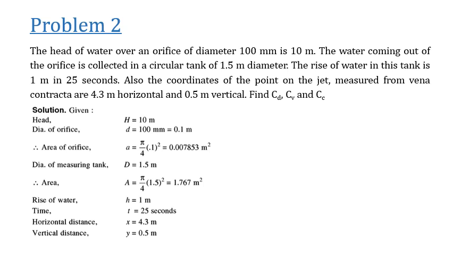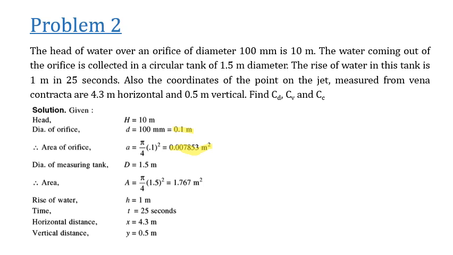So the first step is to calculate the area of orifice from the known diameter 100 millimeter, which is converted to meters, so 0.1 meter, and the area in meter square can be computed by taking pi by 4 d square.